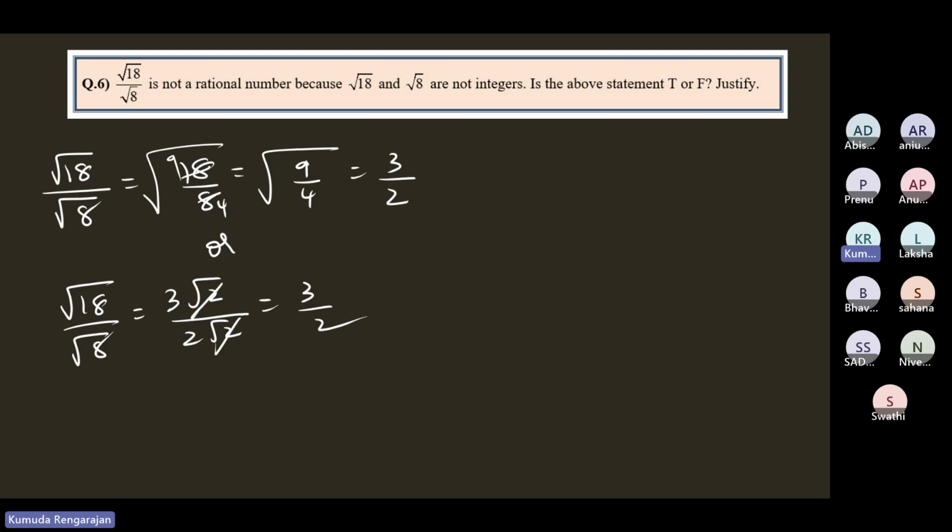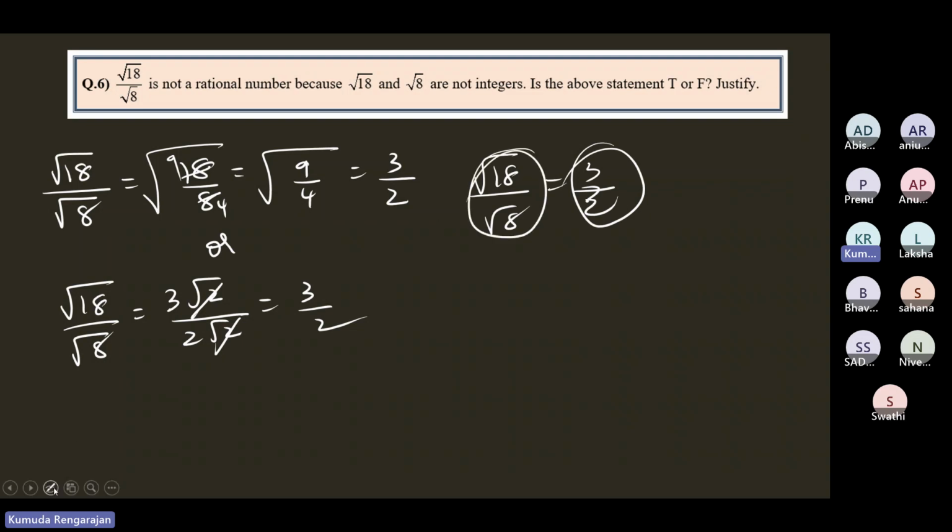So they are saying that it's not a rational number. But it's false, because on simplifying we get 3 by 2. Since root 18 by root 8 is equal to 3 by 2, and 3 by 2 is a rational number, this one is also a rational number.